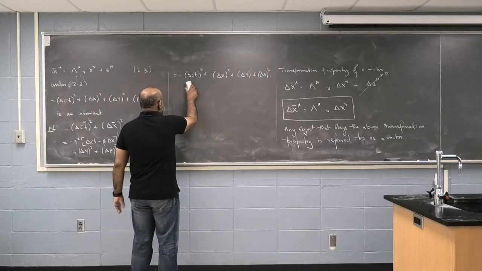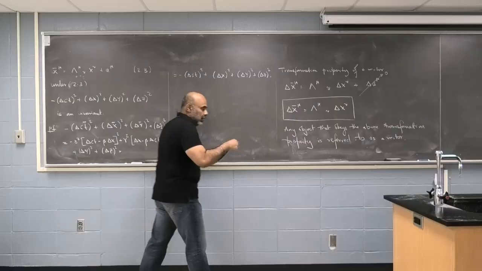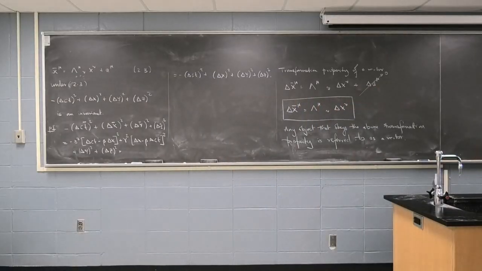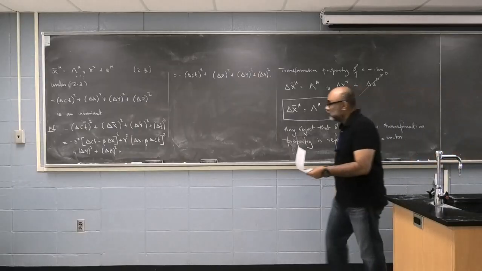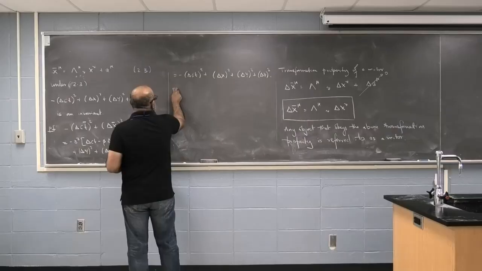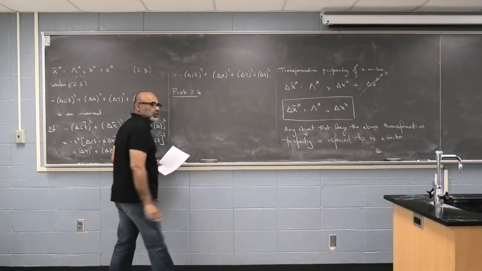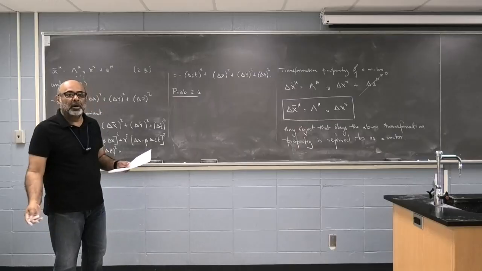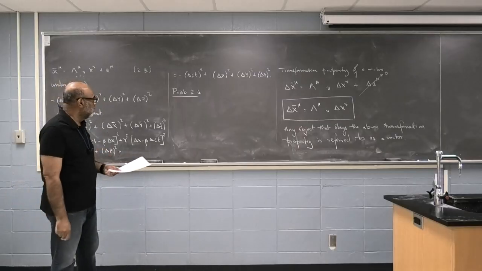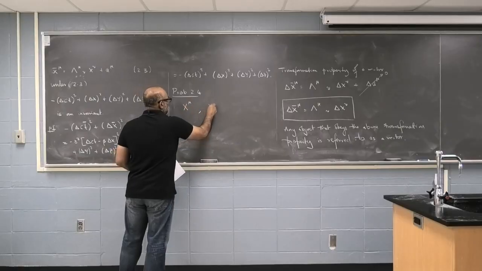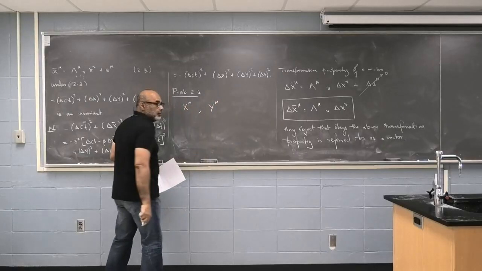So now as homework, I'll describe the homework problem so you can see its importance. This is problem 2.4. You will see why you want to bother showing the result. Suppose you have 2 vectors, x mu and y mu.